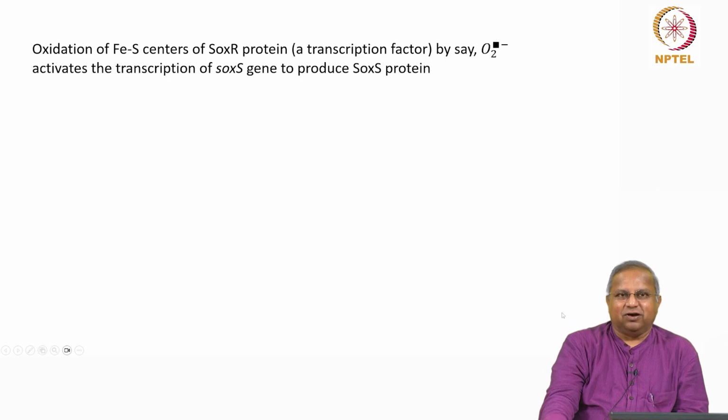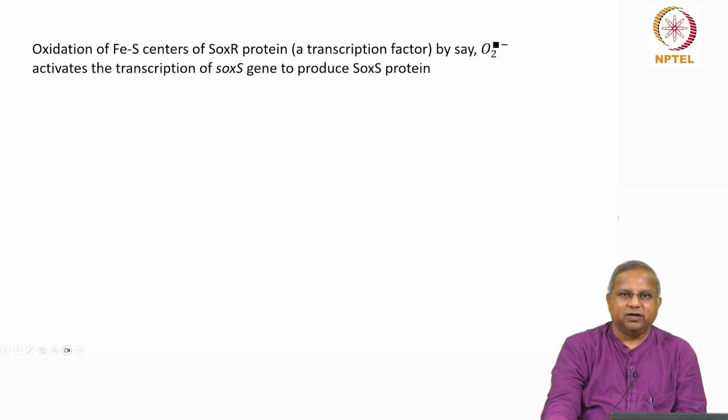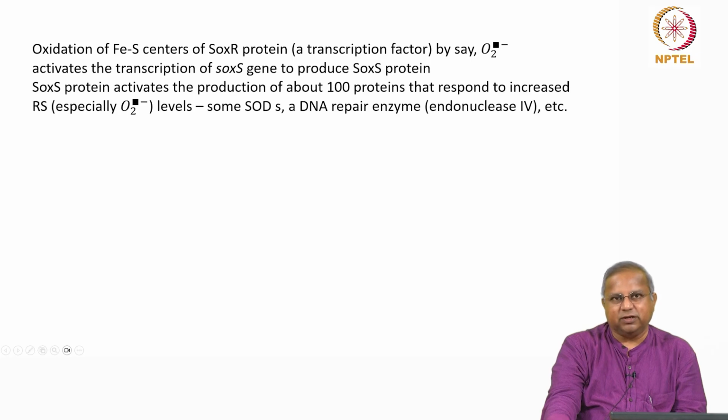So the oxidation activates the transcription of something called a SOXS gene. The SOXR protein has the iron sulfur center which can detect the reactive species, and oxidation of that activates the transcription of the SOXS gene to produce a SOXS protein.